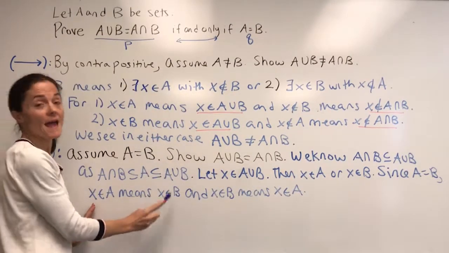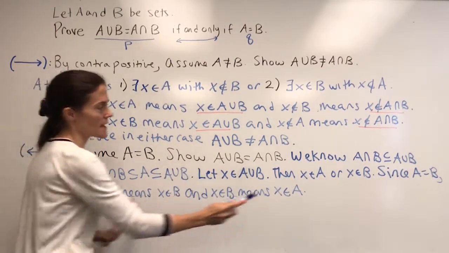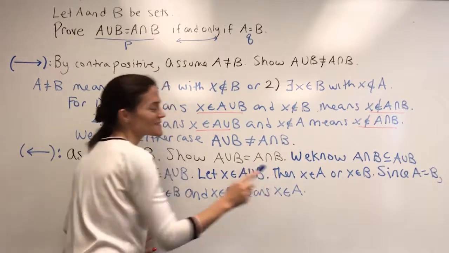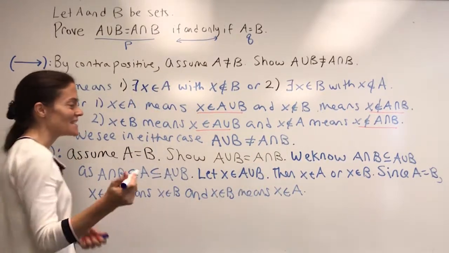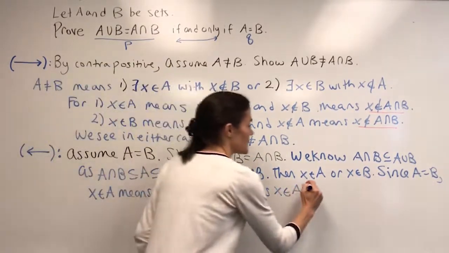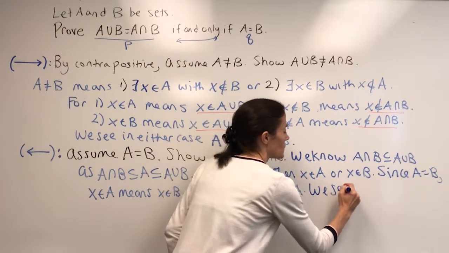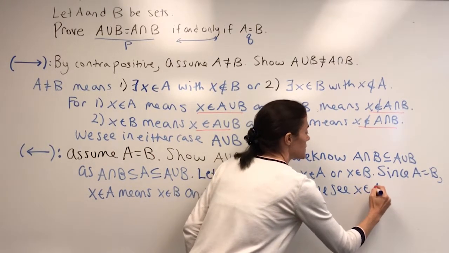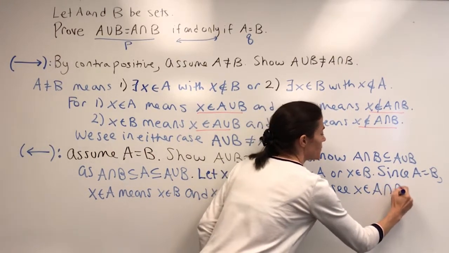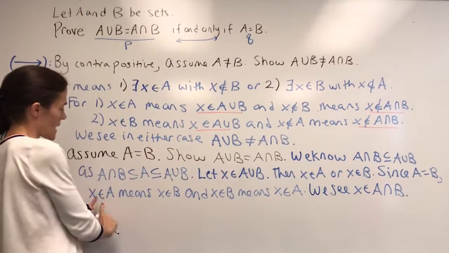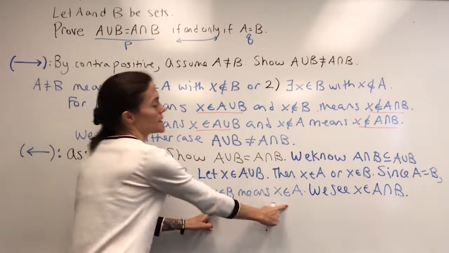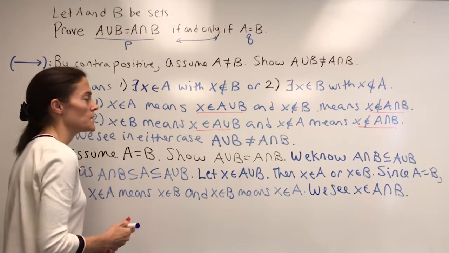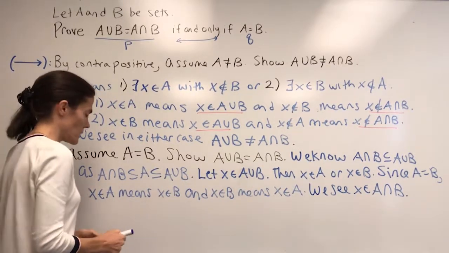If X is in A, X is also in B. They're the same set. If X is in B, X is also in A. They're the same set. So in either case, we see X is in both of them. X is in A and B. And this completes the proof.